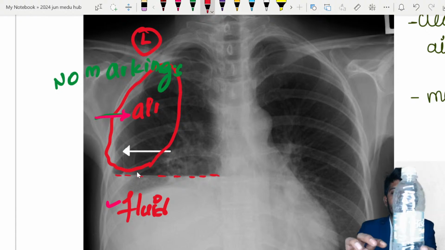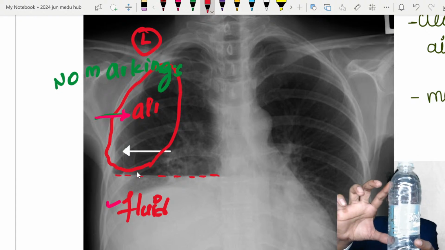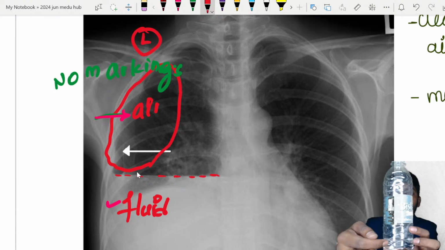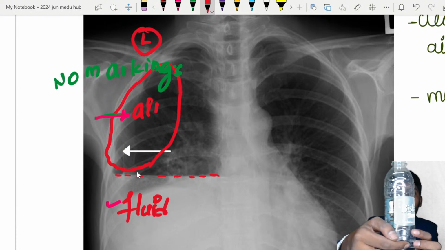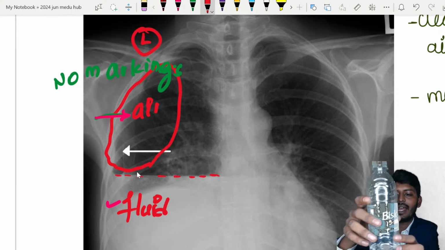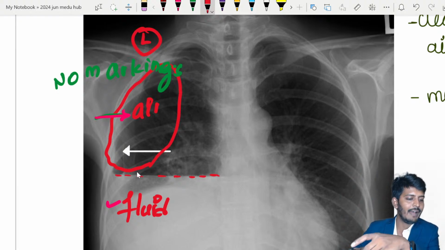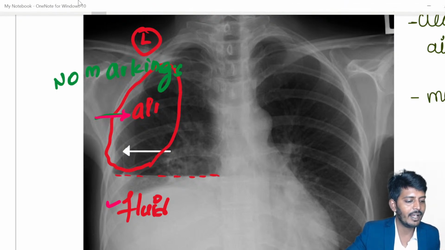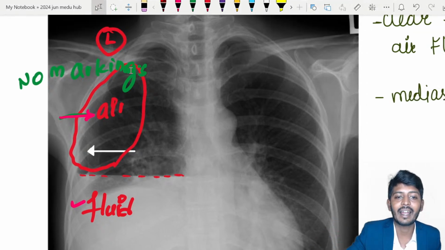Whatever I am trying to tell you is, below is the water, above is the air, and there is a clear-cut line we can appreciate. So like that, the clear-cut line is present between the air and the fluid.